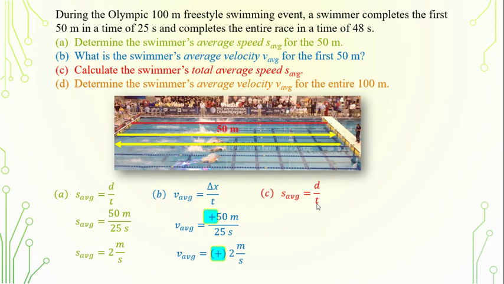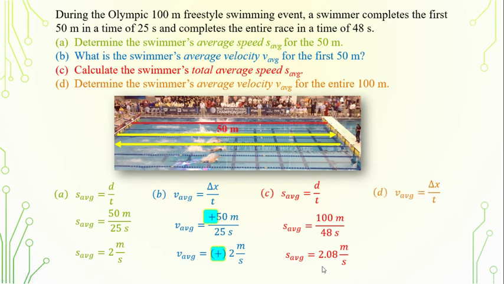So 50 plus 50 is 100, as the problem states. All we have to do is a quick plug and chug. The total distance swam is 100 meters. The time given for the whole race is 48 seconds. If you simplify that, you should get about 2.08 meters per second. No direction is needed because speed is a scalar quantity. So that's it. All right.